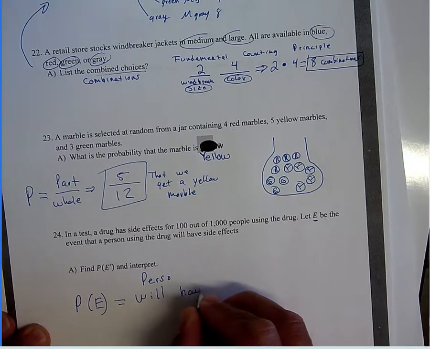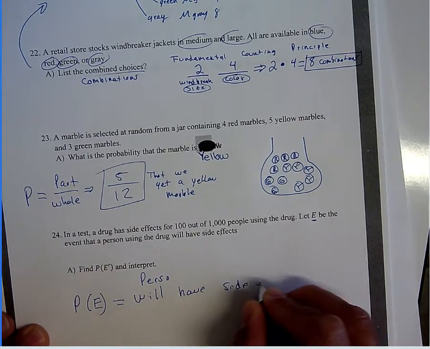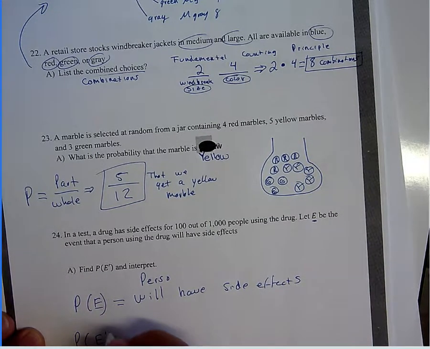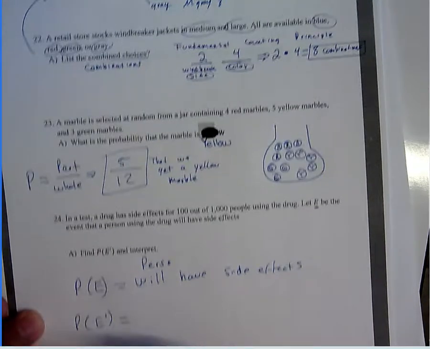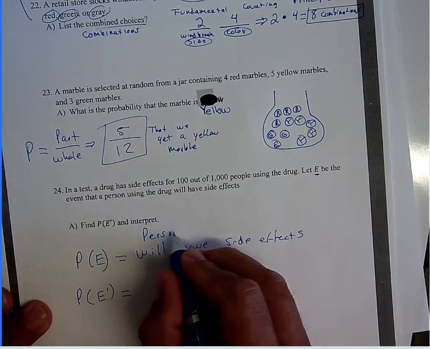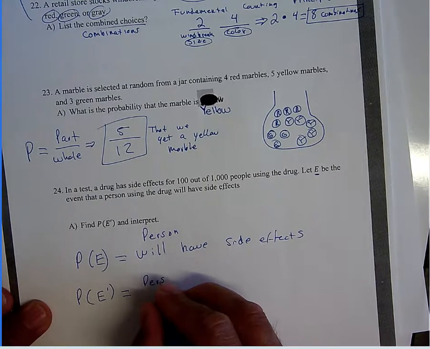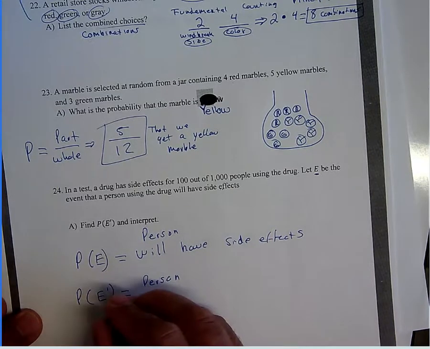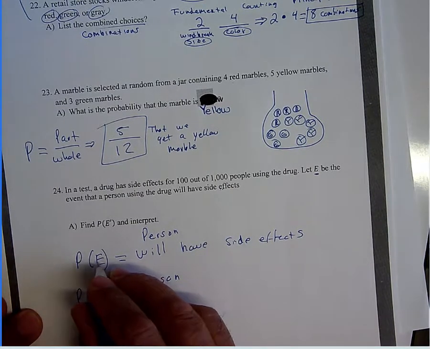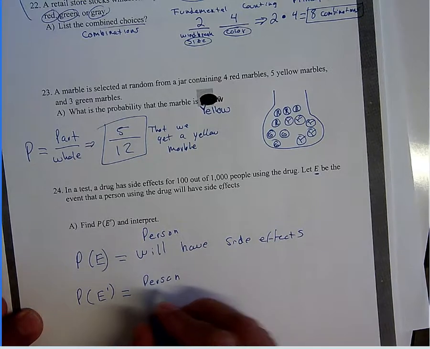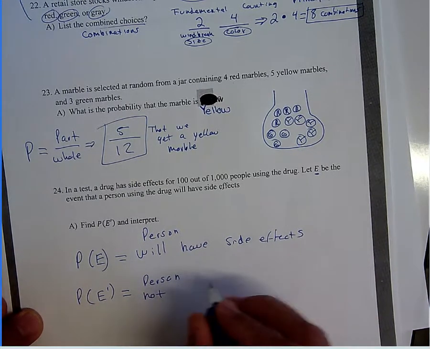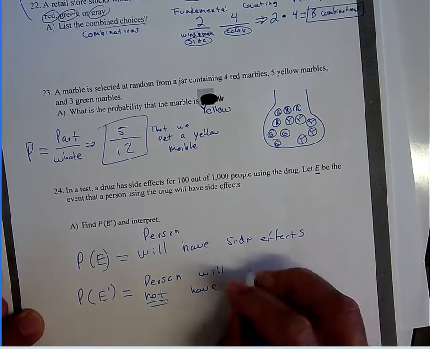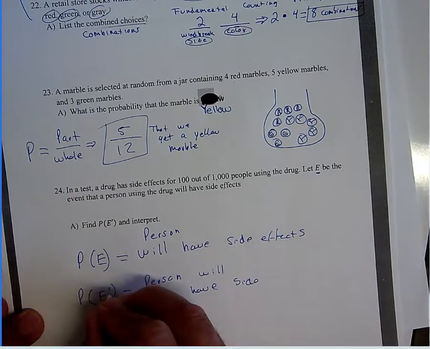And P of E prime is the probability that, so the opposite of this, will not have. So this tells you the chance of the opposite. Person will not have, keyword here, will not have side effects.